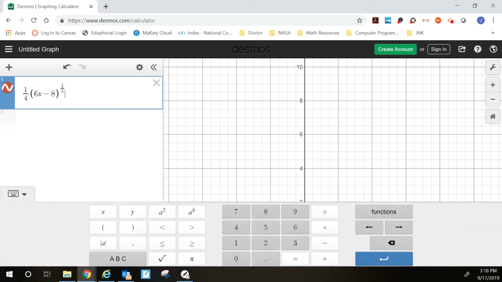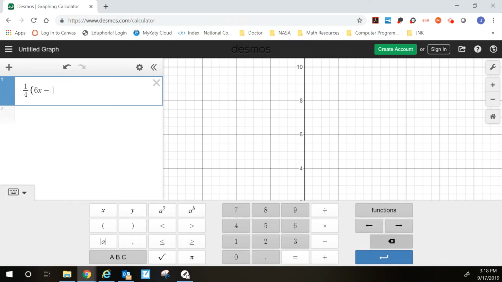I want 2 times 5x cubed to the 1/4 power. Oh, that is not what I wanted to write at all. 5x cubed, close your parentheses. One more time.